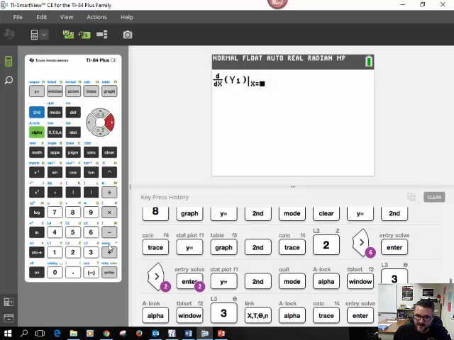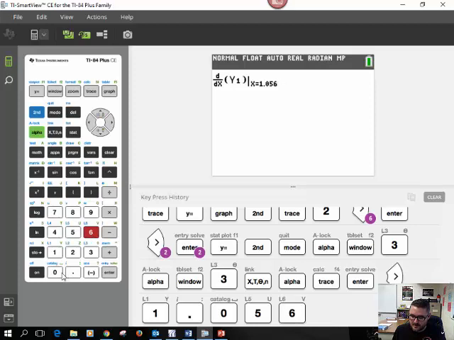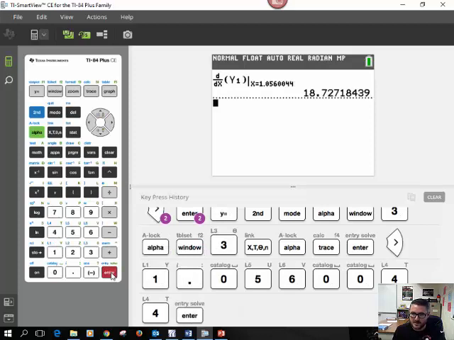And for what x value, it was that 1.05600044. And if I hit enter, now that's f prime of that. Now remember, we're finding the derivative of the inverse for the 3.